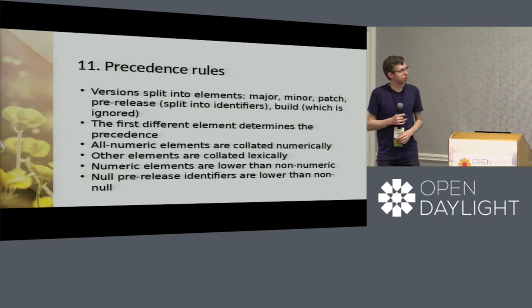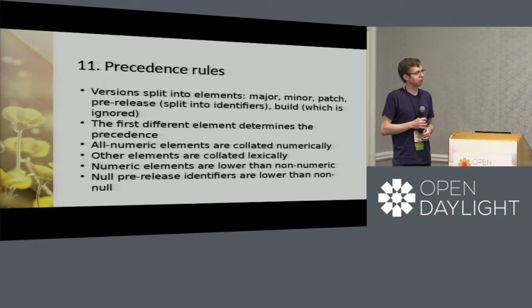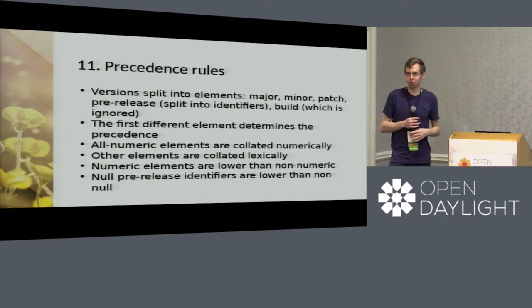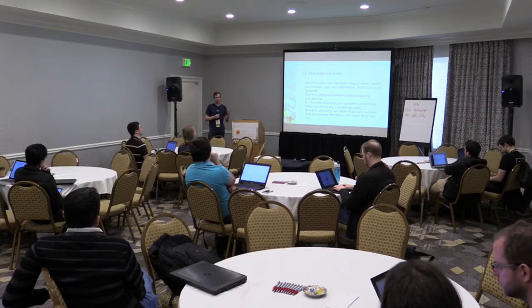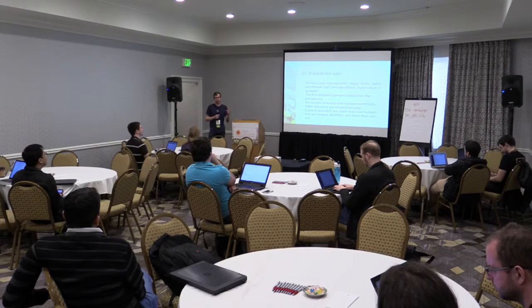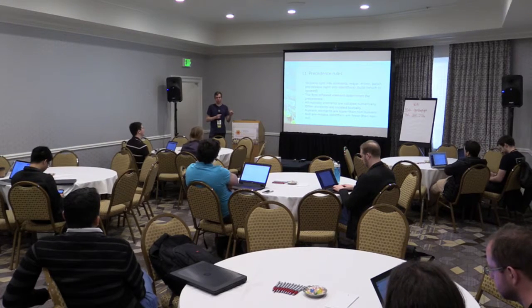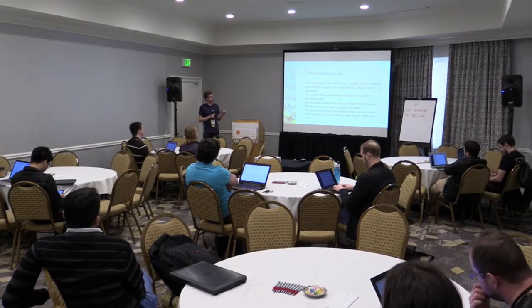And the last one is precedence rules. They should be reasonably obvious given what I've said so far. If you want to compare two version numbers according to the semantic version spec, you take the first three parts, split them up: major, minor, patch.